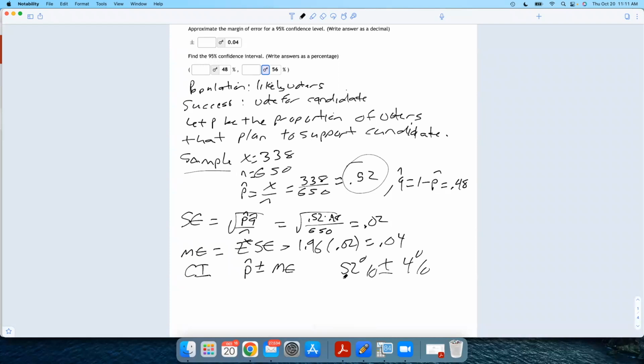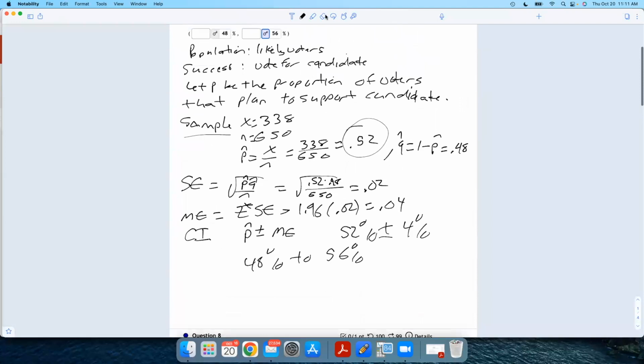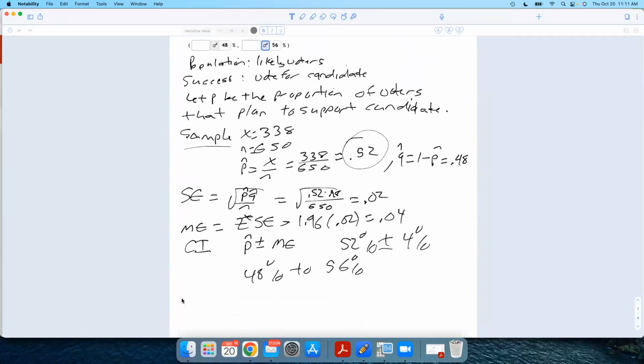So minus would be 48, plus would be 56. And then our conclusion would be we are 95% confident that P, this is why we write this line here.